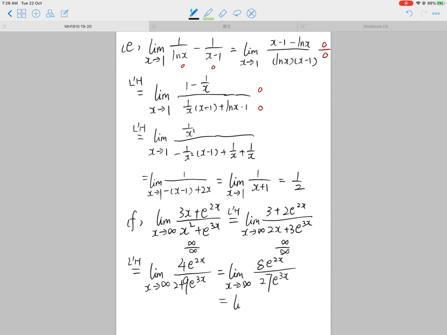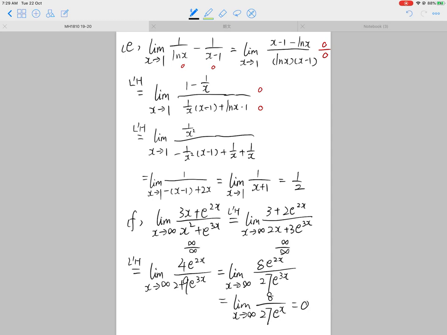After you get this, you cancel out e to the power of 2x on both sides. So it's 8 over 27e to the power of x. Now when x is approaching infinity, this is approaching positive infinity.